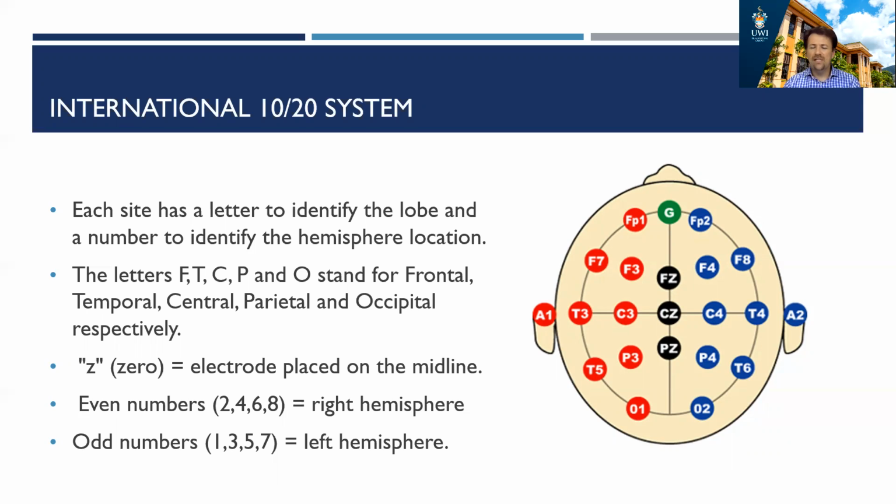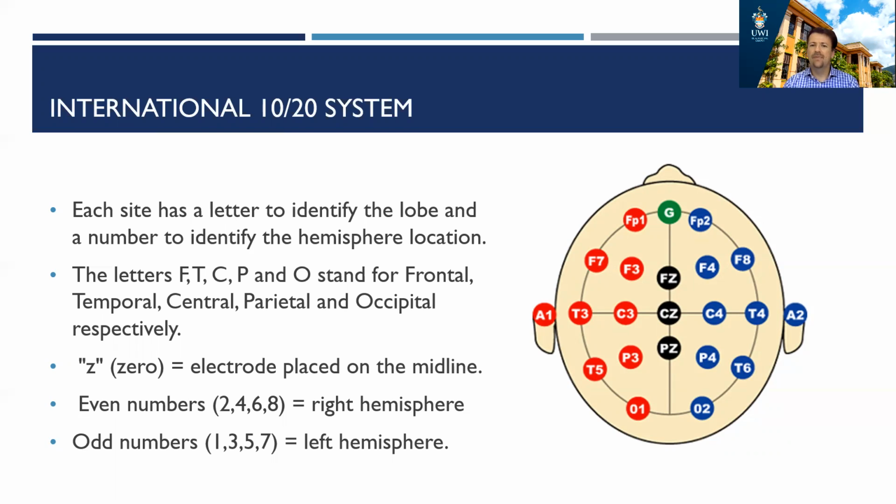You'll also notice that the electrodes over the frontal lobe are given a prefix of F, those over the temporal lobe a prefix of T, those over the parietal P, and the occipital O, and those in the central area have a Z as their suffix.